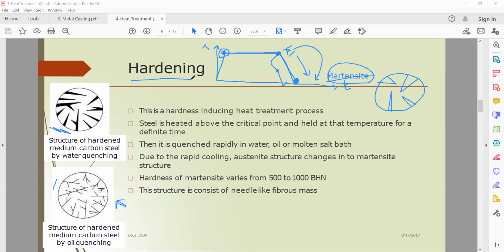Right? So if you are doing the tempering process, definitely the hardening process should be done before that, right? So the hardening process is followed by the tempering process.